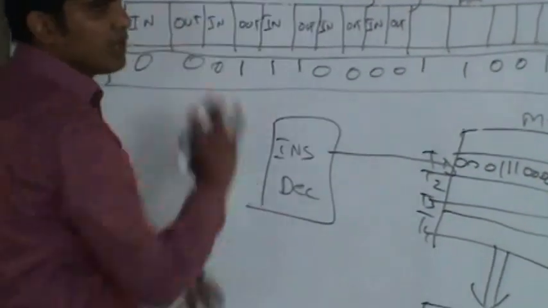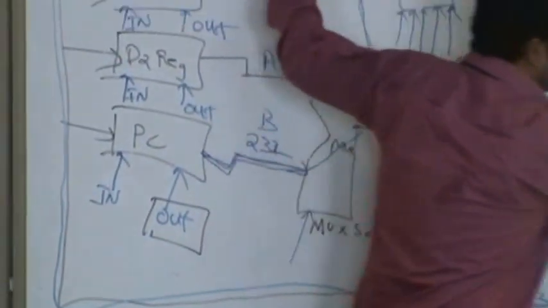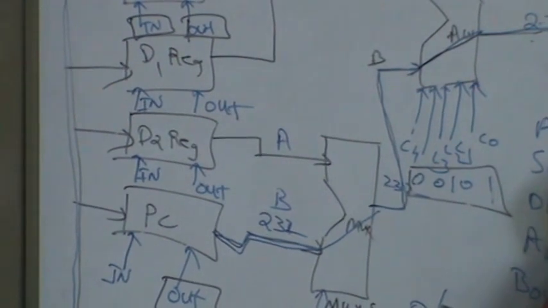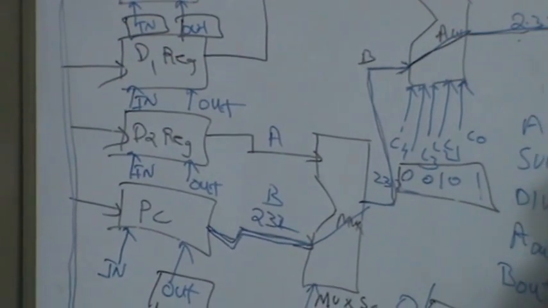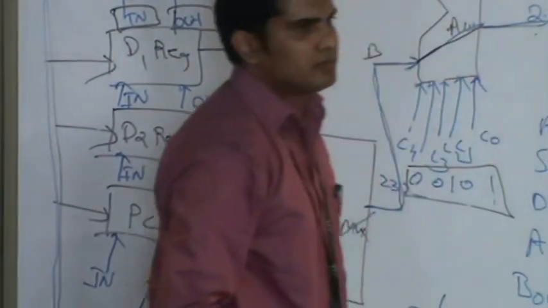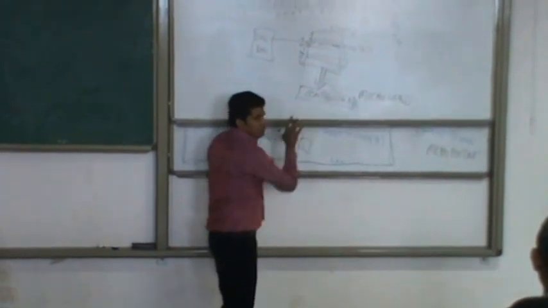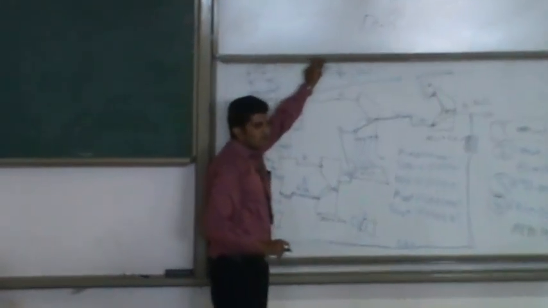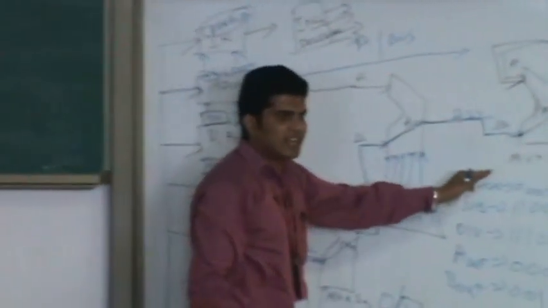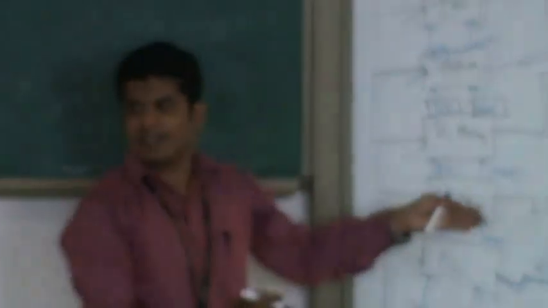So given a sequence T1, T2, T3, T4, this entire thing is called the micro routine. And we are selecting one word, it's called a micro word. So like that we can generate control signals for T2, T3, T4, T5 and it goes on.